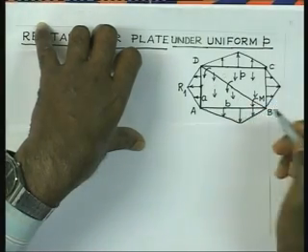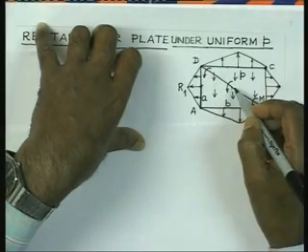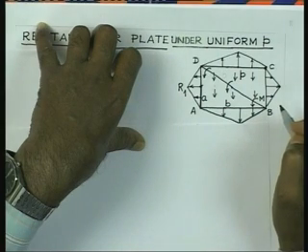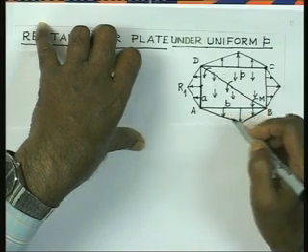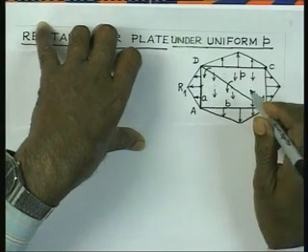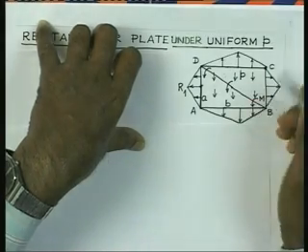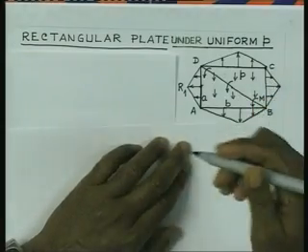So, what we have? We have a triangular plate where we have some shear forces acting over this line BD, and then we have reaction force R1 acting vertically upward. This is also R2 acting vertically upward, and there will be some reaction forces over BD which can be vertically upward or downward. We are not really concerned about it.